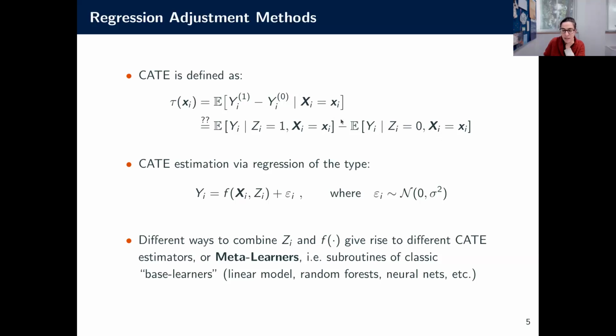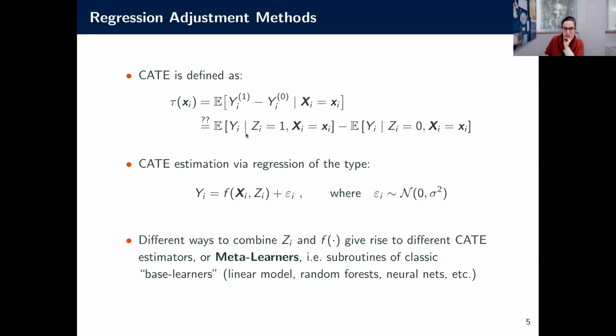This means that we can now use conditional regression. We can use any kind of regression method we want to model this. But it's important to highlight this distinction: this is only true if we assume that conditionally on X, these outcomes and Z are independent.